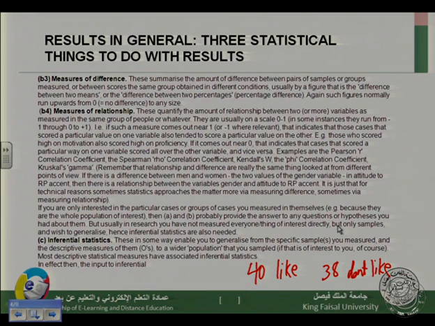But how about if you have 20, 28? Well, you need a computer. You need software to calculate what is called the measure of difference. There is a real difference between 40 and 28, and we want to reach a level called the level of significance.